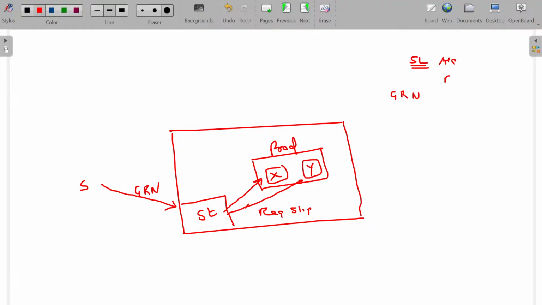Receipts, issues, balance, you will record here. Based on the requisition slip, you will issue mentioning whether it is for X or Y. Similarly, this will have the impact in the balance. This will be added to the balance, this will be subtracted from the balance. That's how we will be doing, right?